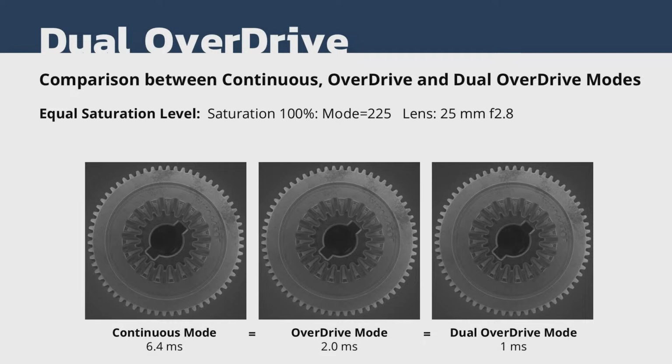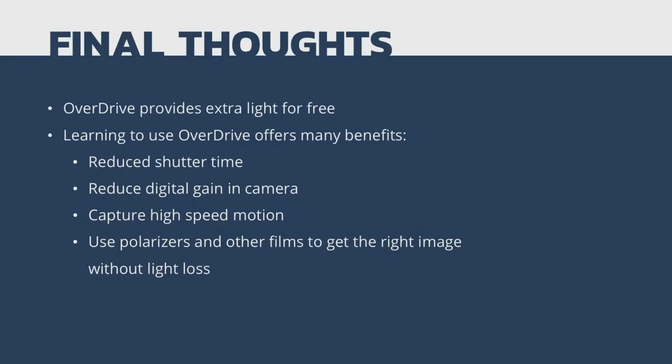But what you can see is at those equal saturation levels, it now took more and more time with the other types of overdrive to get to that equal point, and that the fastest one to get there is in fact the dual overdrive. So you can compare these by time, you can compare them by exposure level, or some combination of both. The more light provided by dual overdrive, it just gives you more to work with in a short amount of time.